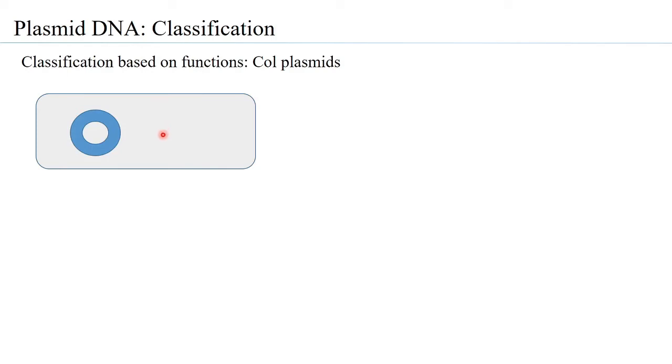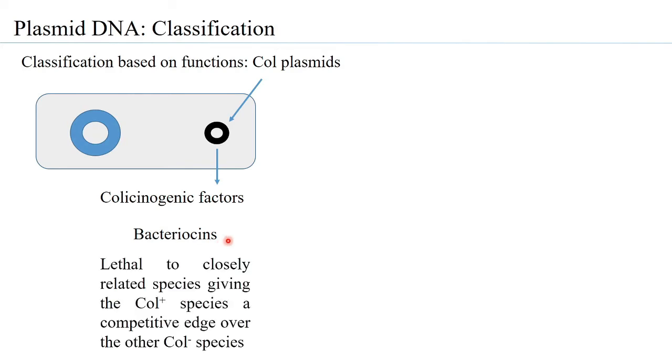So again, let's consider a bacteria that has a plasmid DNA which has genes that give rise to colicinogenic factors, also called bacteriocins. Effectively, what are bacteriocins? Bacteriocins are toxins, and these toxins can be lethal to other closely related bacterial species.